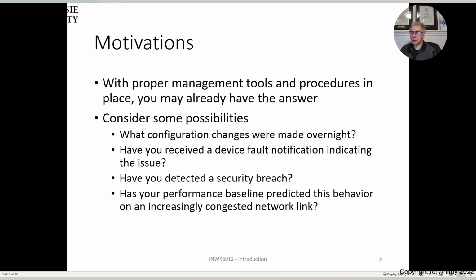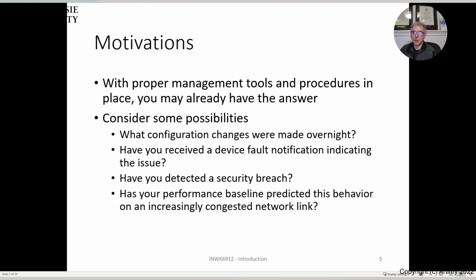So what is the possible thing that could have happened? You will be looking at, okay, is there any configuration in the network that changed before this user logged in? Did somebody make any change? Has the network management software sent you any notification about failure? Maybe one of the links went down, maybe it was over congested.